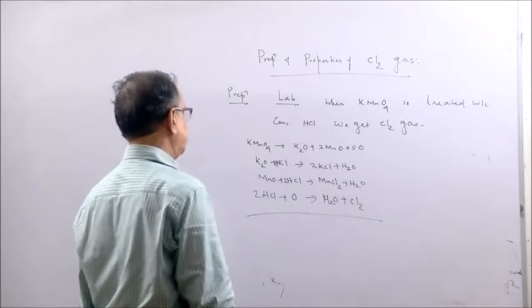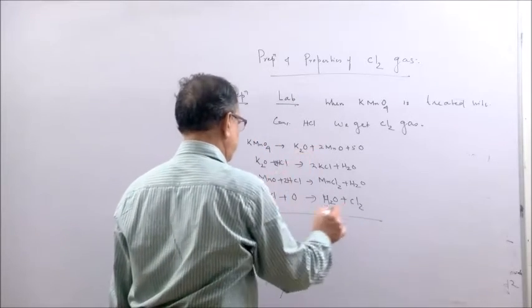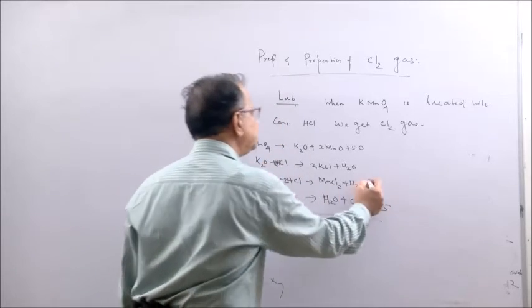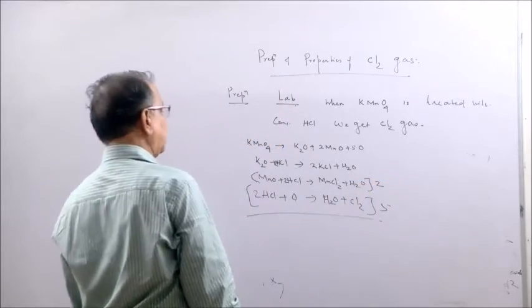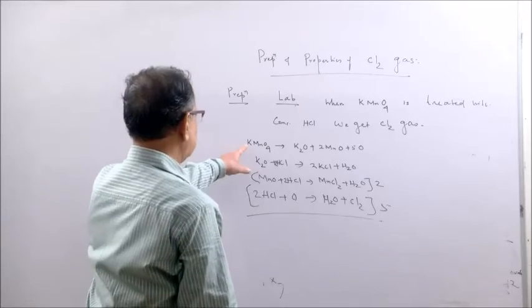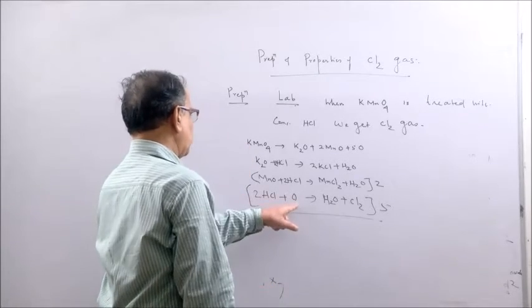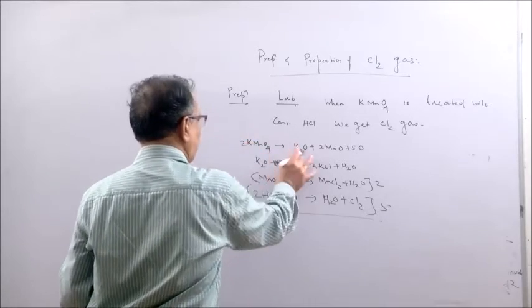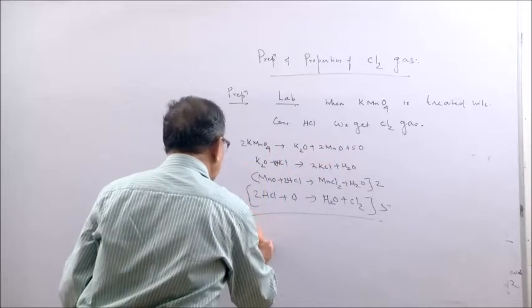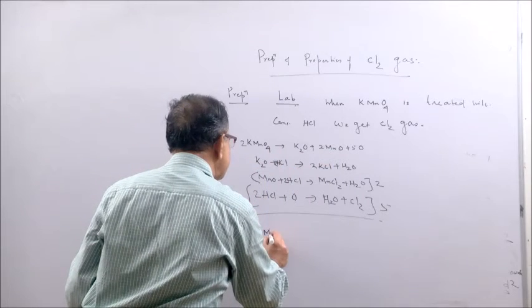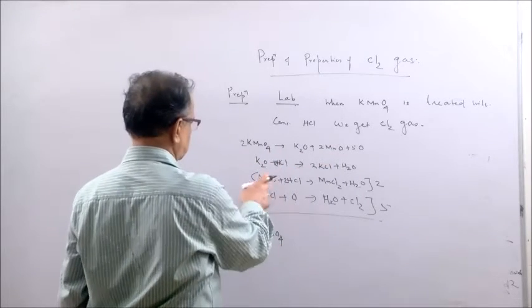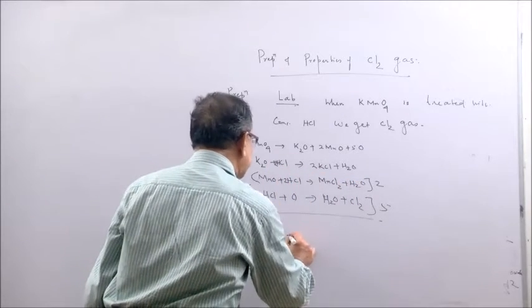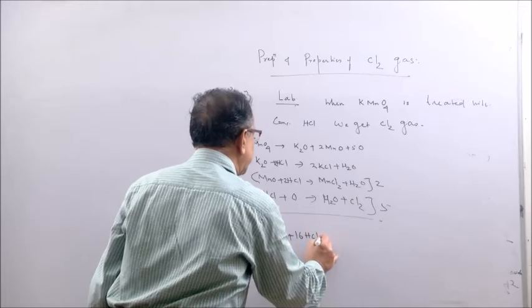Balancing the oxygens: 5 O, so 2 KMnO4 to balance. Plus 2, 4, 6, 10, 16 HCl.